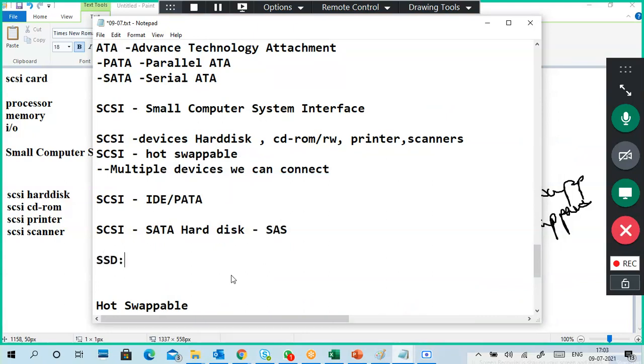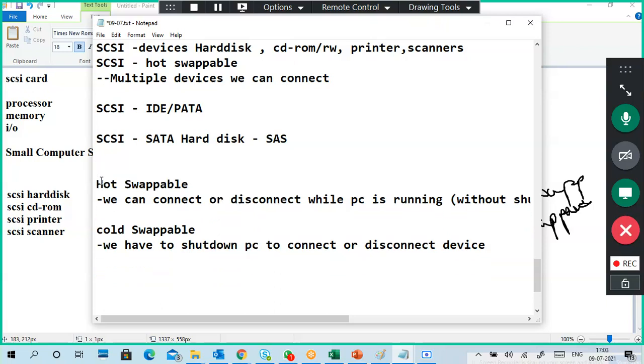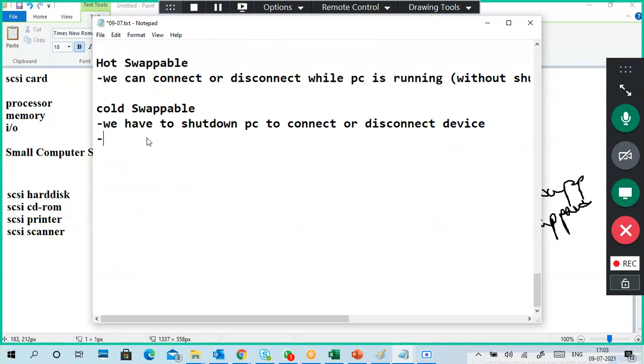I think all of you know what SSD is. Solid state drive.